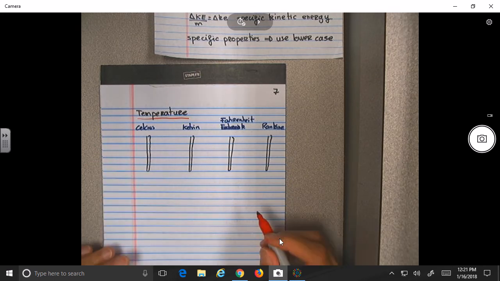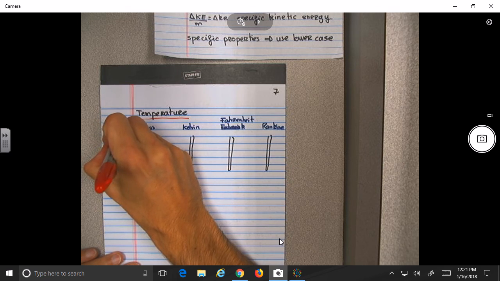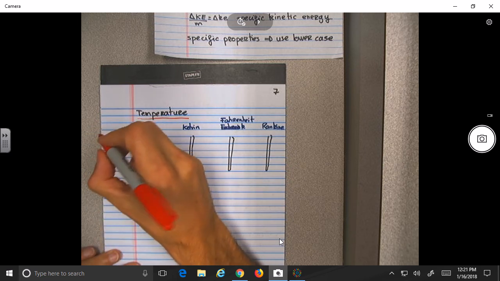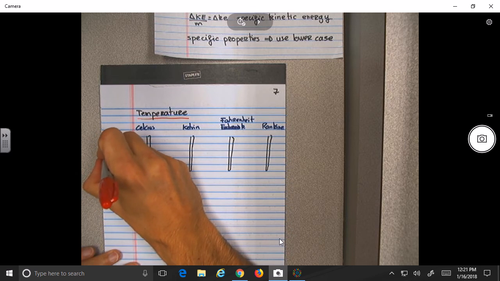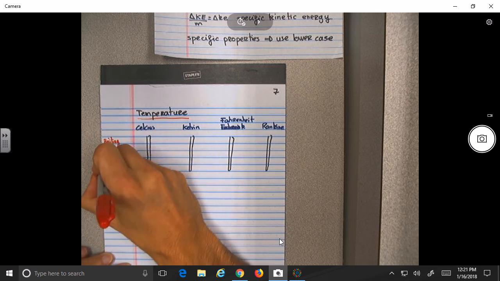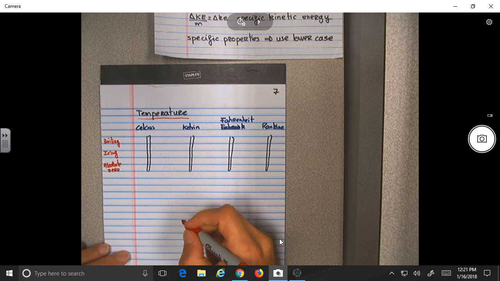Okay, so let's say we're going to use the boiling temperature. We're going to look at the icing, and the other one would be the absolute zero. So for Celsius, quite easy.